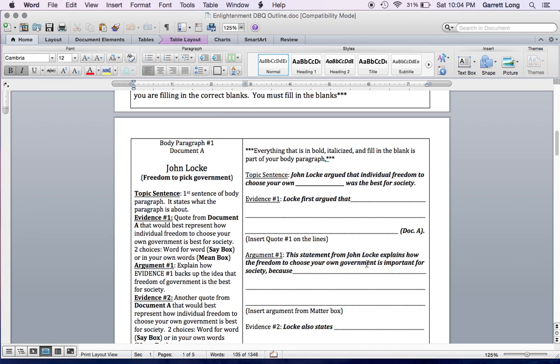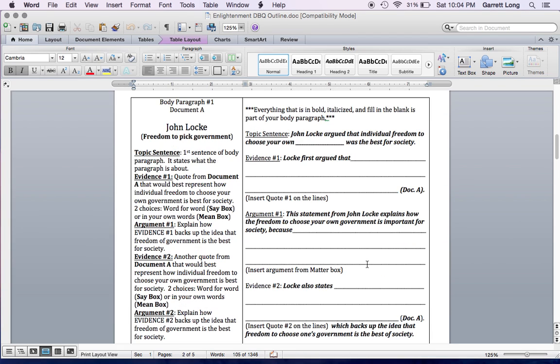Okay, moving on to our body paragraph. Now, of course, body paragraph number 1, which is on document A, has to do with John Locke, and John Locke's main idea of freedom to pick or choose your own government. Okay?